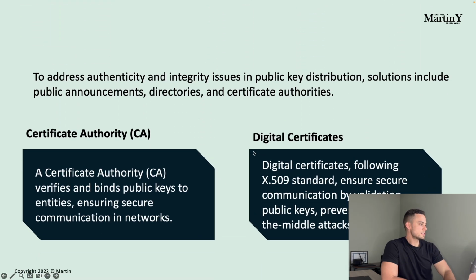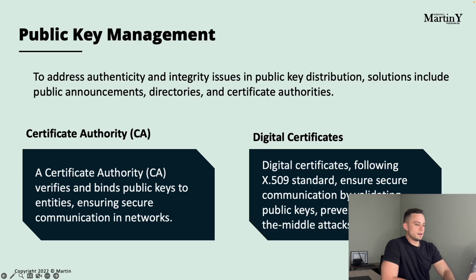Now, more interesting is the situation with the public keys. Here we have, as I said, a certificate authority, which has the role of binding the public key with the identity of the person that wants to send a message. In general, there are many ways with which we can keep track of the public keys when we do public key encryption and decryption.